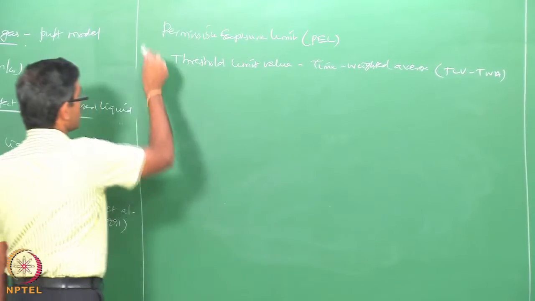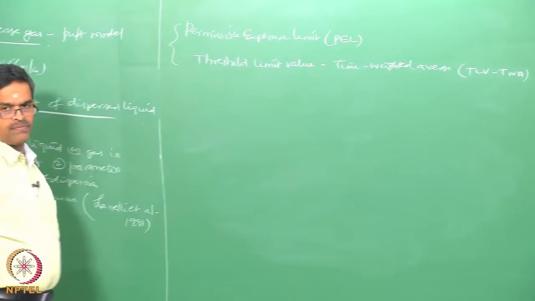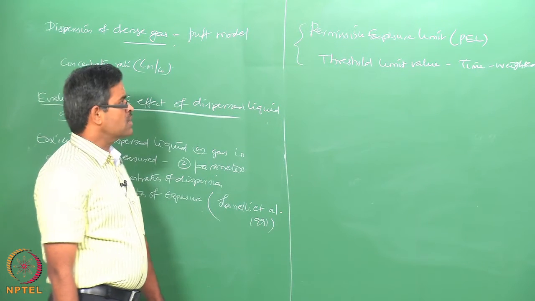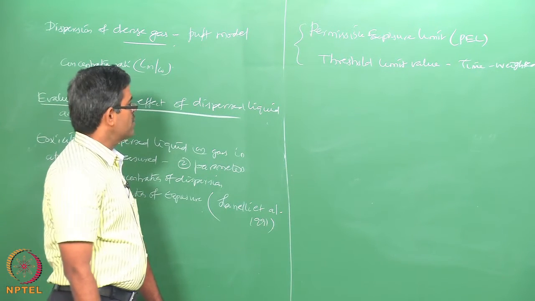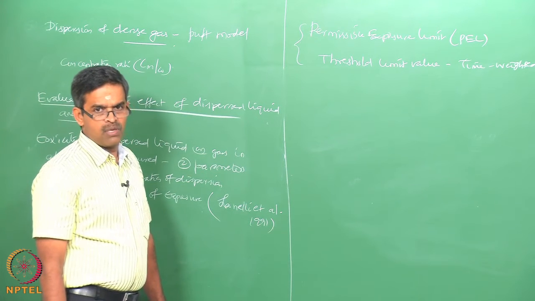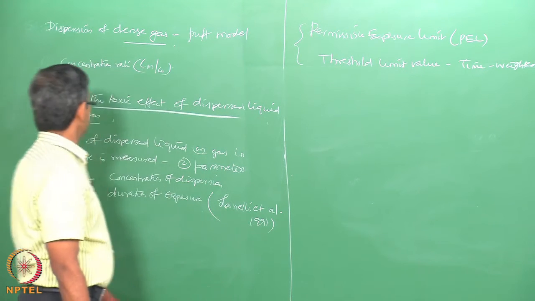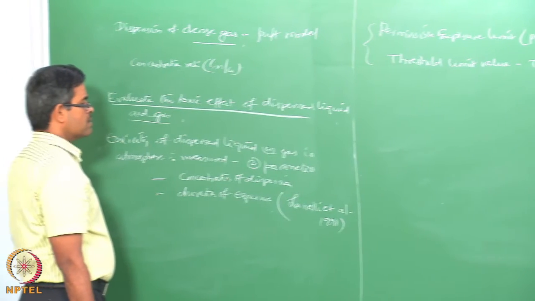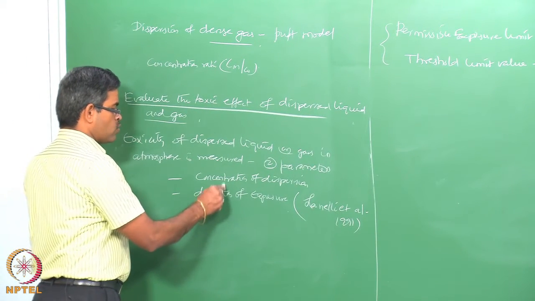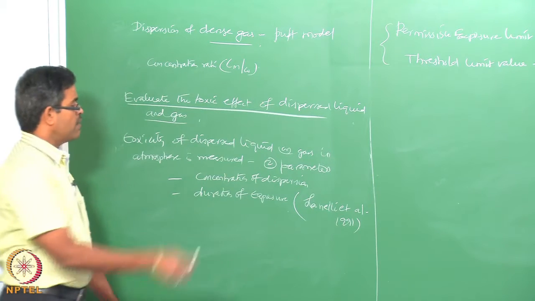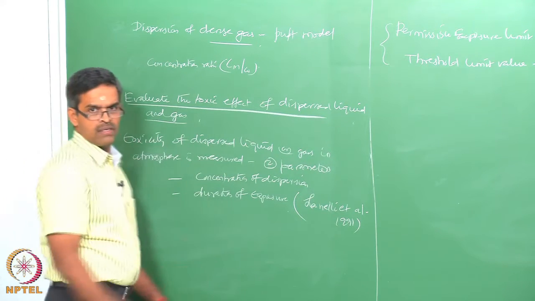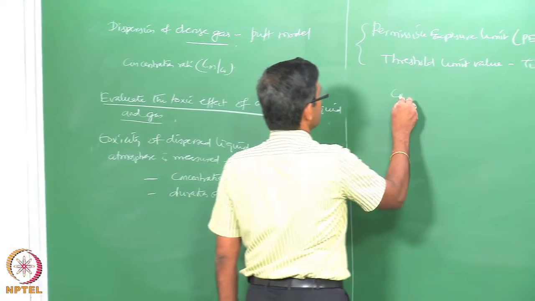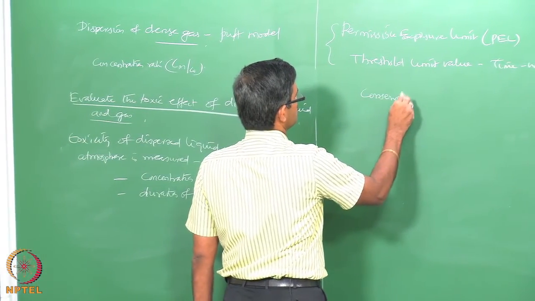These are also parallel types of parameters which can assess the toxic effect of a liquid dispersed in atmosphere. However, the parameters depending upon these two will be different, and these two will give you conservative values.